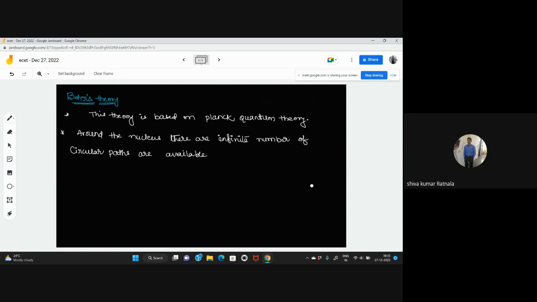Okay, this is the nucleus if I take. See, Rutherford did not say which path, that means how electrons are revolving, whether in a circular path, an elliptical path, or any other direction. It was not explained. But he said clearly that electrons will revolve around the nucleus. Here there are infinite number of circular paths like this.